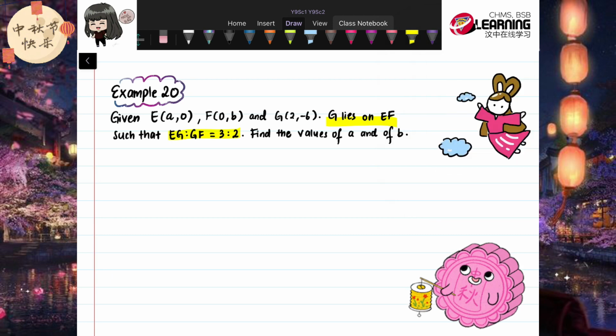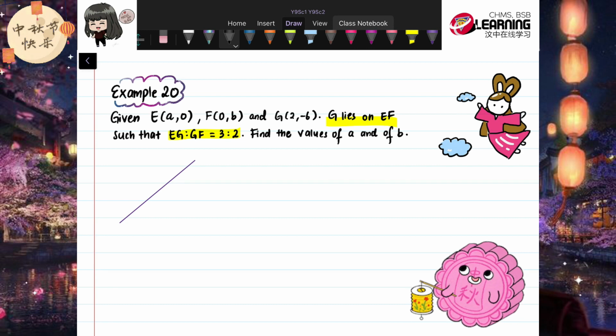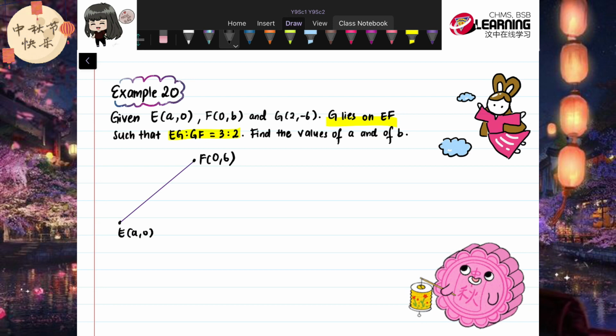Okay, so I'm gonna draw the graph out here first, the line. Given E, F, and G. G lies on EF. Okay, so E is here, (A, 0). Your F is here, (0, 6). And G is on the EF such that the ratio EG, okay, G is somewhere here, which is your (2, negative 6), and the ratio is 3 to 2.